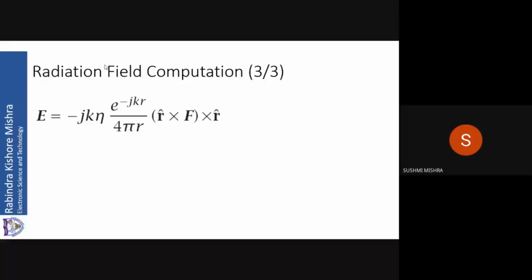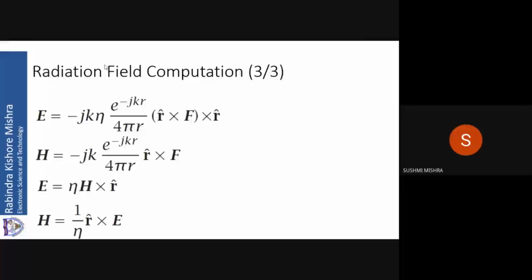E is equal to minus jk eta e to the power minus jkr by 4 pi r, r cap cross F cross r cap. Similarly, I can find out H as minus jk e to the power minus jkr upon 4 pi r, r cap cross F. Then if I compare these two equations, we can see that E is equal to eta H cross r cap.